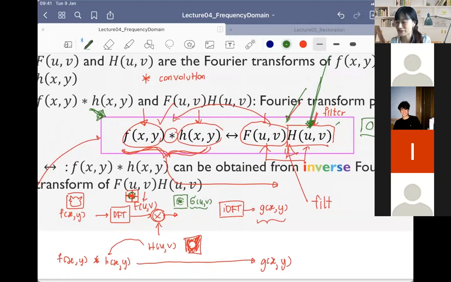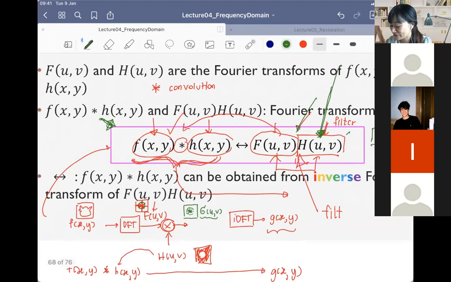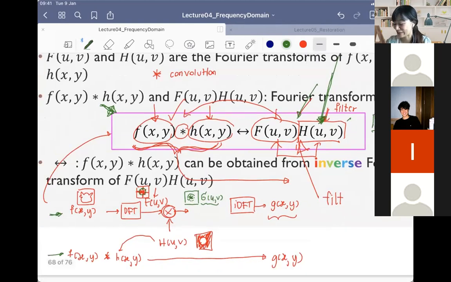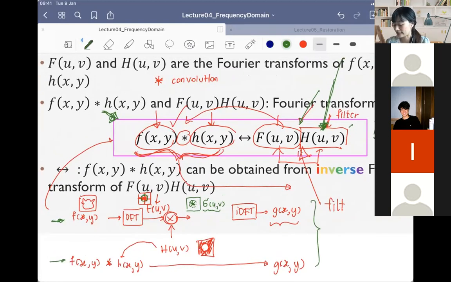So if I ask you to filter by this process and this process, I hope you can do it. I think it will be interesting for you to see the equivalence using these two processes. In Python, you have the convolution library, and you have the Fourier transform and inverse Fourier transform.